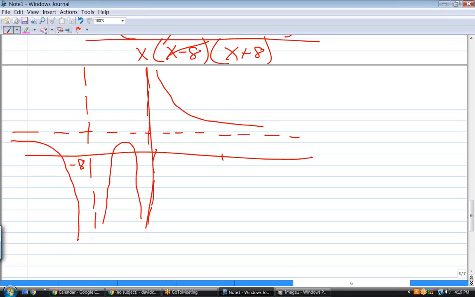Right. Okay, so there's a couple of things we need to determine as to what's going on here. And it isn't always in this quadrant and this quadrant. Sometimes it can be in this quadrant and this quadrant.